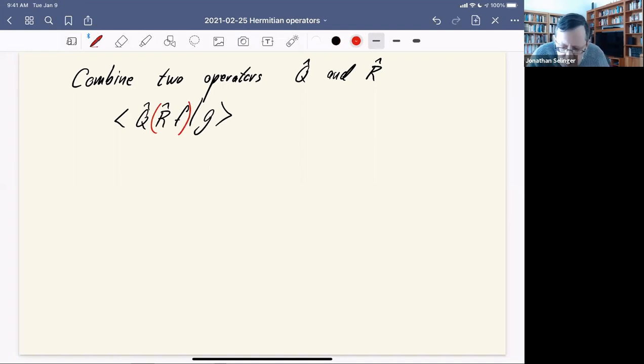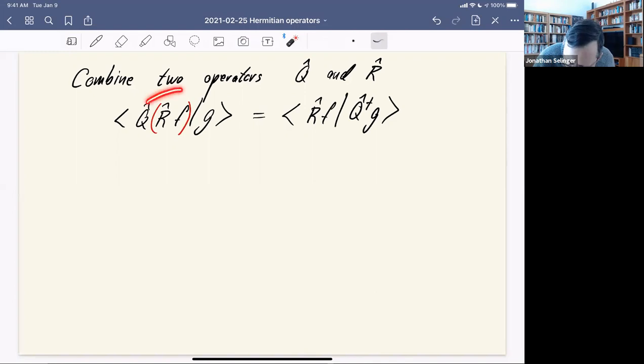So this is an inner product where Q is acting on one function, RF, and that is taking the inner product with G. So this is equal to RF inner product with Q dagger acting on G. That is, we move Q to the other side of the inner product and it turns into Q dagger.